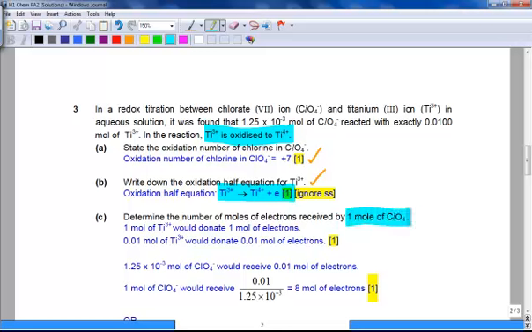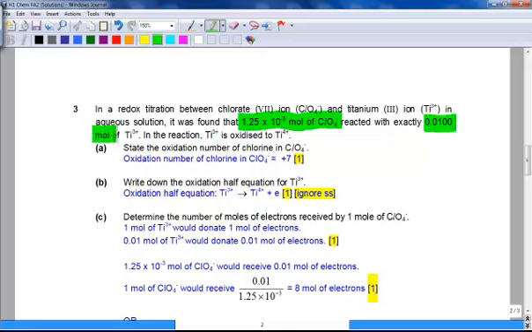Let's do this step by step. Okay, do it systematically. I will show you 2 methods. Show you the first method first. So they actually mention that 1.25 times 10 to the power of -3 moles of ClO4- reacted exactly with 0.01 mole of Ti3+.